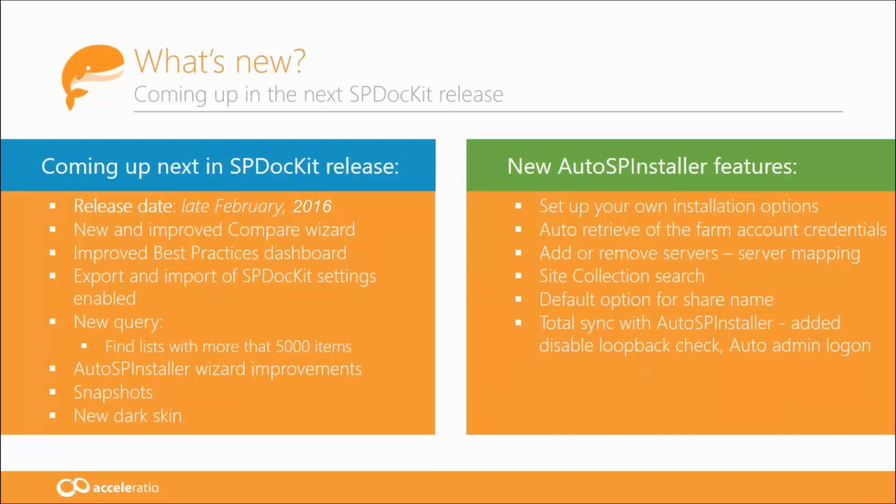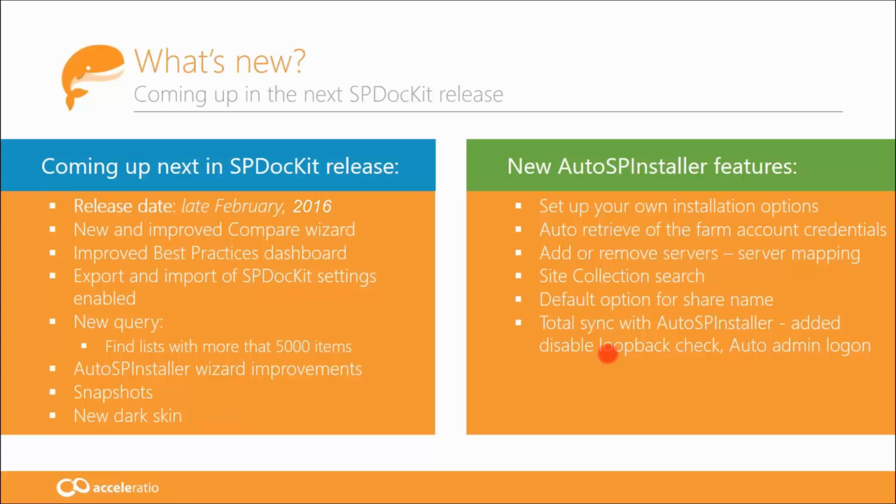The features that I haven't shown you today are from our existing release. We are working hard to improve SPDocKit for future usage. We have talked with a number of people regarding AutoSPInstaller, and we are coming up with some very exciting new features that are listed on your screen right now. If you remember, during my wizard I had to type all the passwords and a lot of other things, so we have improved that.